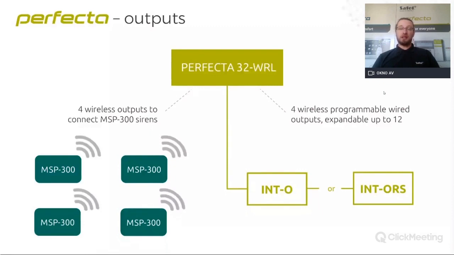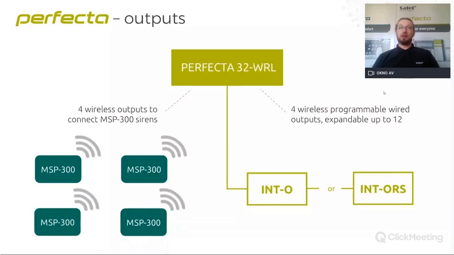But INTORS is quite an interesting expander. It has 8 relays, 230 volts, 16 amperes. So you can use them to control lights, shutters, garage doors, sprinklers, whatever you want, because of the 230 volt possibilities.